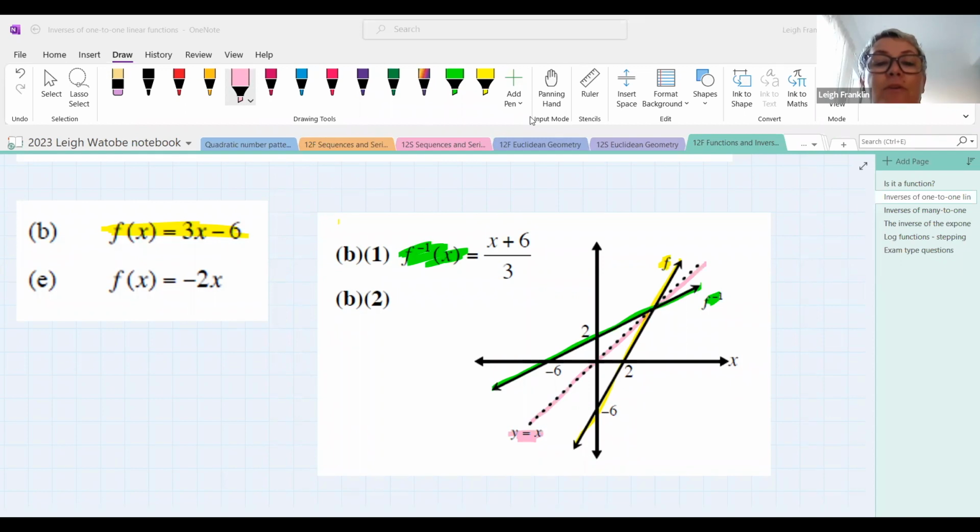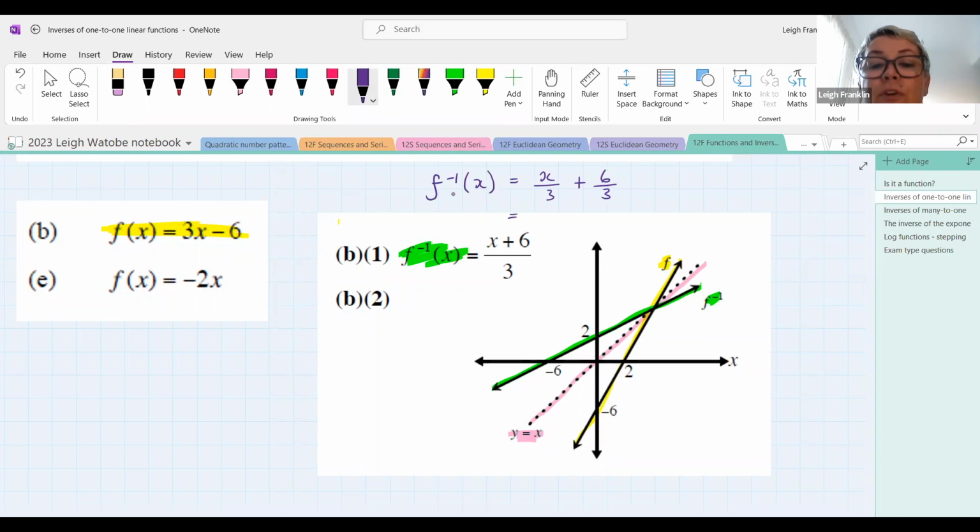I'm fine, thank you. Ma'am, is it fine if I wrote the inverse of the first graph as 1 over 3x plus 3? Not 3, okay, because the reason why it's not 3 is because 6 divided by 3 is not 3, it's 2. Okay, so if you want to write it like this, because essentially what you're doing is you're taking x and you're dividing x by 3, and then you're taking 6 and you're dividing 6 by 3.